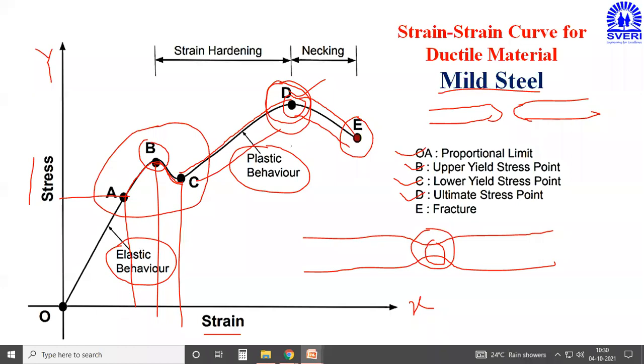So due to the increase in force, there is a continuous increase in deformation from point D to E. If continuous deformation takes place, at one point the body will break into two portions. There is a drop in stress value, and the breaking takes place at point E, which is called the fracture or the breaking point.